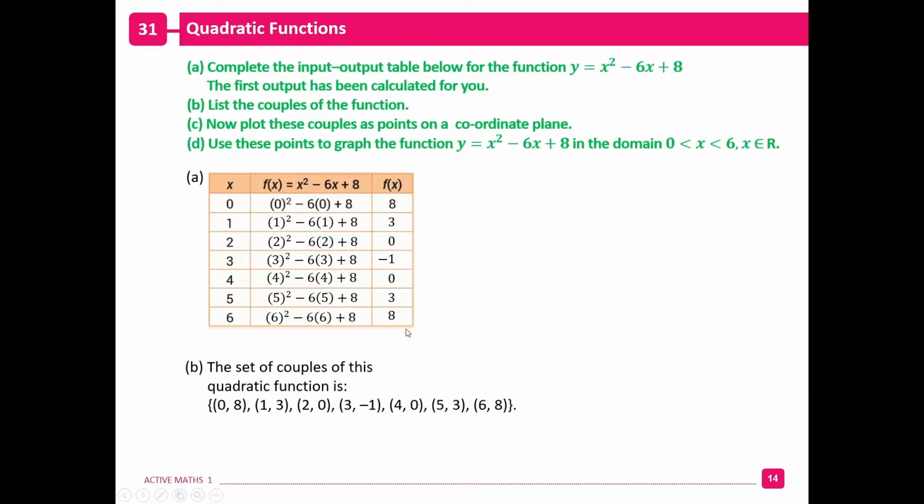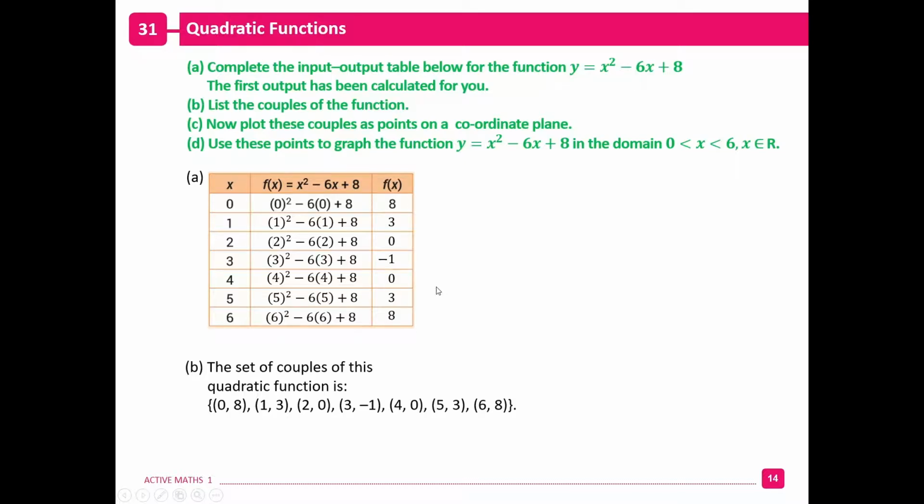So let's just double check that we know where this couple, this pair, has come from. It's when the input is 4, then the output when input is 4 is 0.